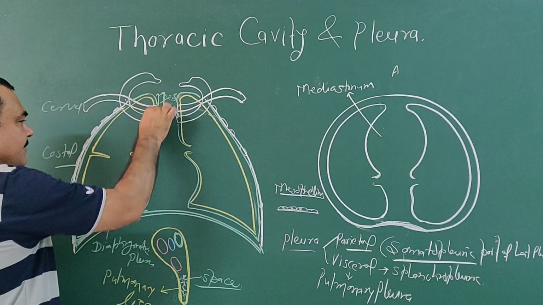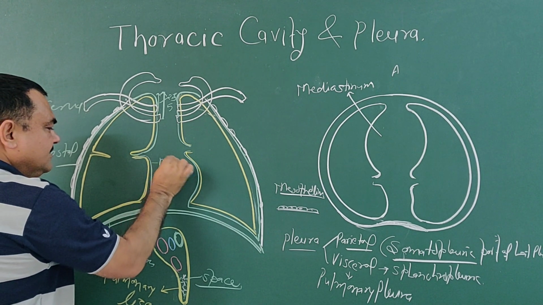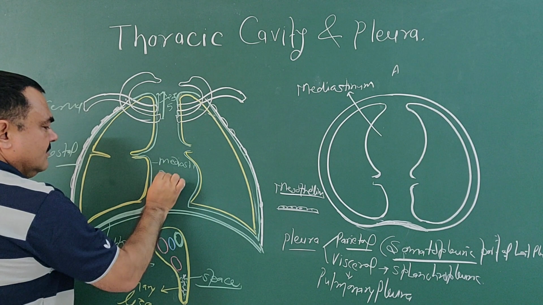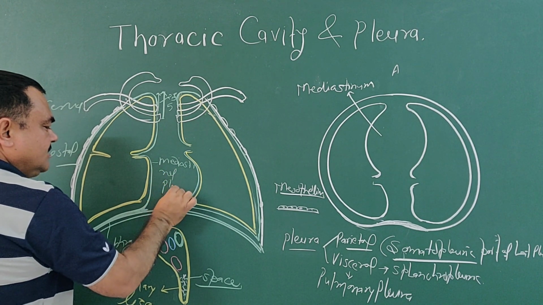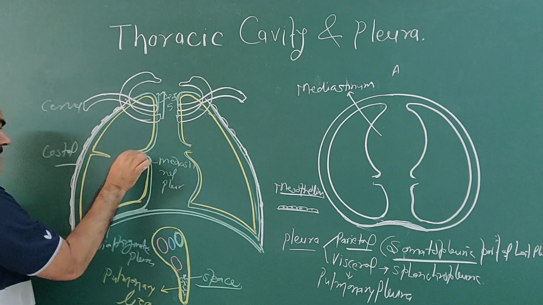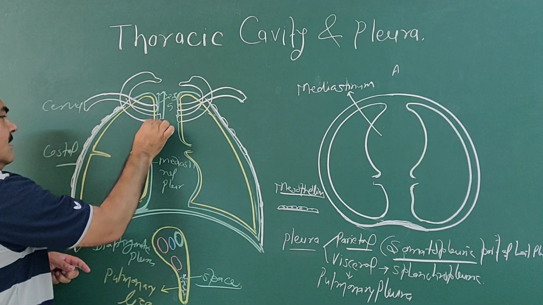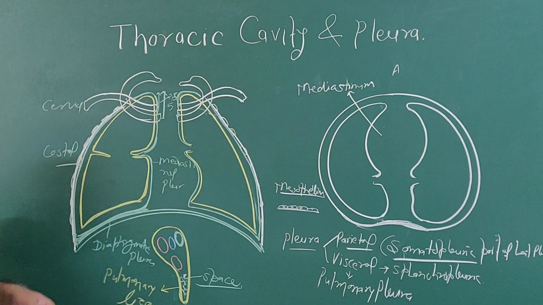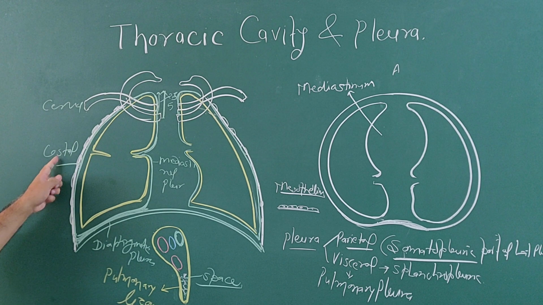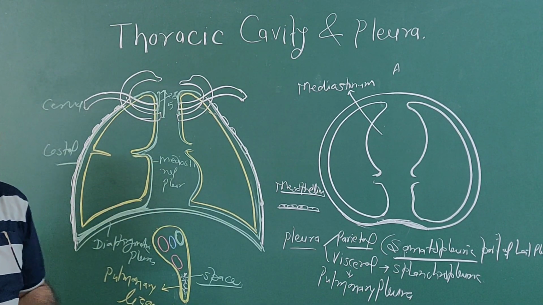And this portion from here to here, this is mediastinal pleura. So bilateral pleura is divided into cervical, costal, diaphragmatic, and mediastinal pleura.